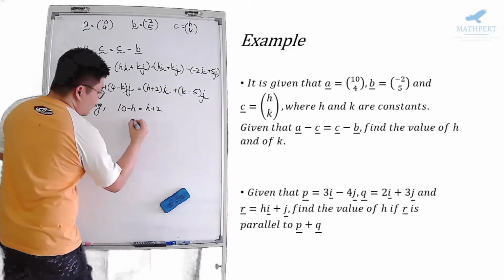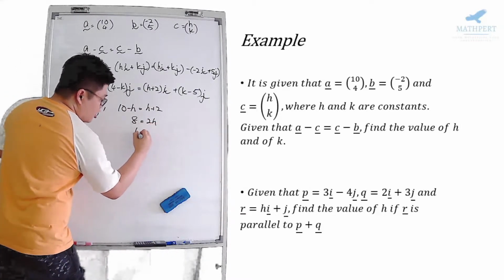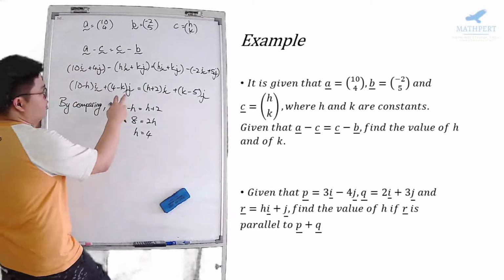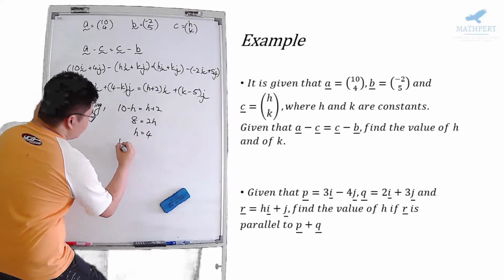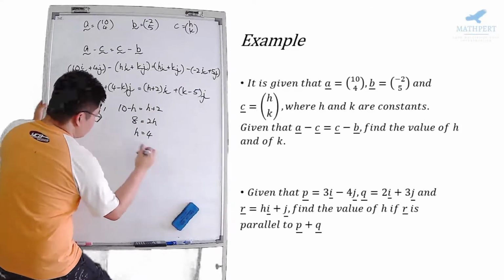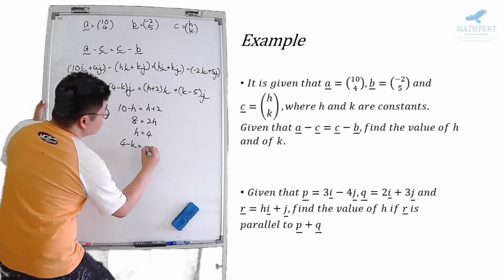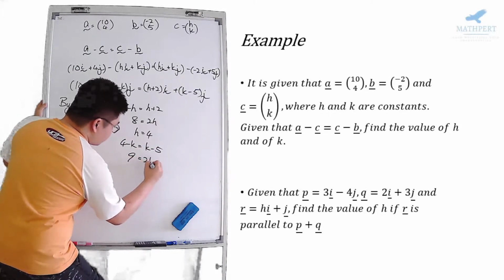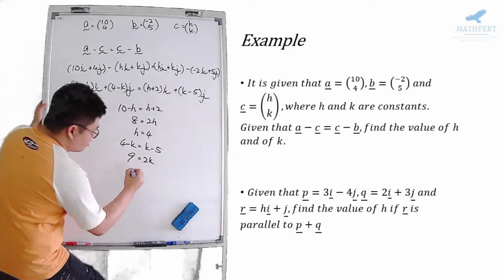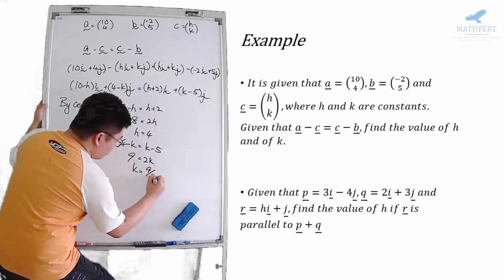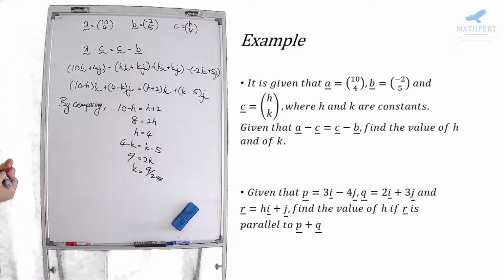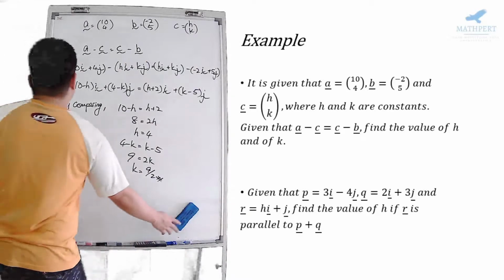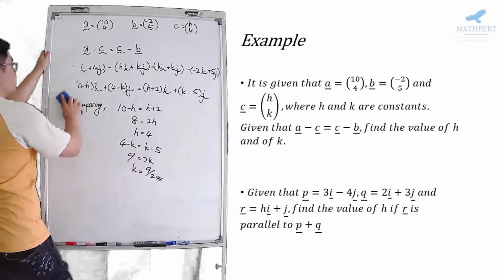So this will become 8 equals 2h, h equals 4. The next one, let's compare j and j. 4 minus k is equal to k minus 5. This will become 9 equals 2k. Alright, so k is equal to 9 over 2. Okay? Next one. Let's clear this.